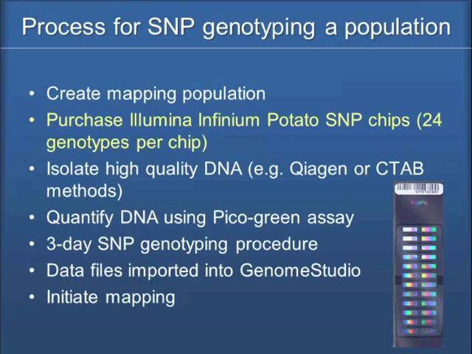The window for ordering those has actually passed, and there have been questions that have come to me by email: is Illumina going to be making any more potato SNP chips? I think the answer is yes, they will make more SNP chips if there's enough interest. So if you think you want to invest in some SNP genotyping, let me know so I can collect those numbers to see if we're getting to a point where Illumina is interested.